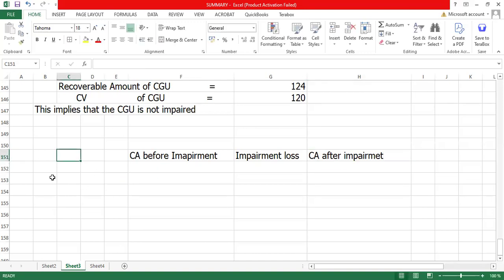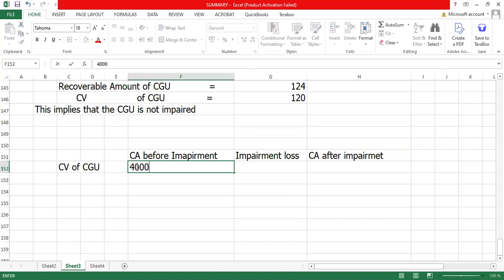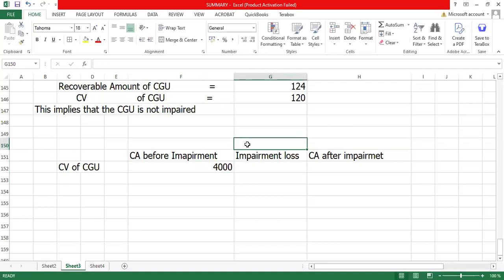Then here I put details. Here you will start with the carrying values of the CGU. It was given as 4 billion. So let me say my figures are in shillings in millions.